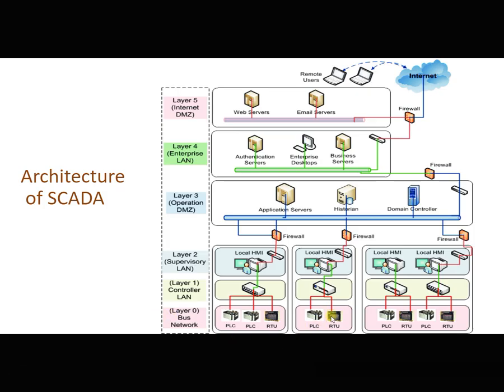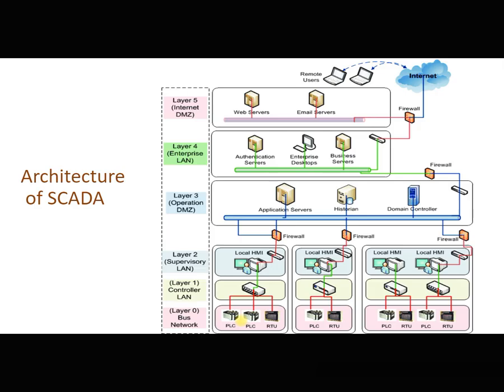We will start with layer 0. You can see here layer 0 consists of the different controllers, such as PLC, or it may be an RTU also. As I told, your field devices are always connected to the controller, not directly to the SCADA or directly to the HMI.